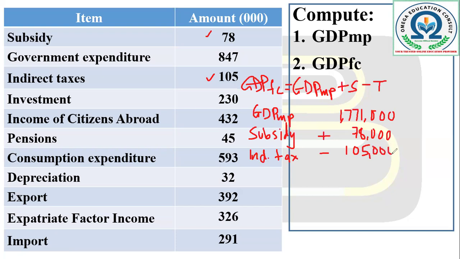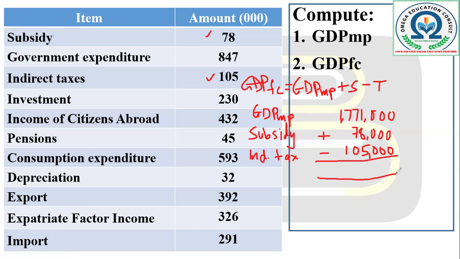Okay, so once we are done, we underline and then we write the final answer. So we have 1,771,000 plus 78,000 minus 105,000.